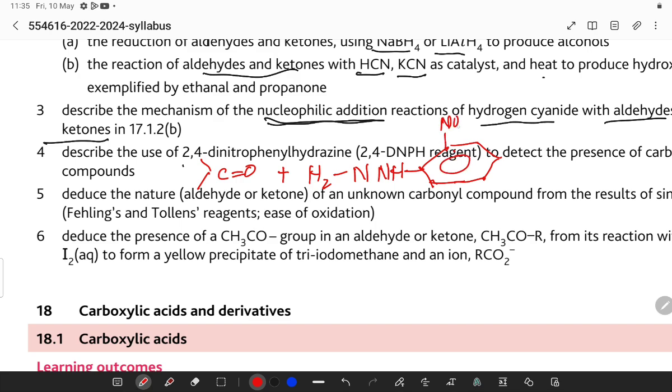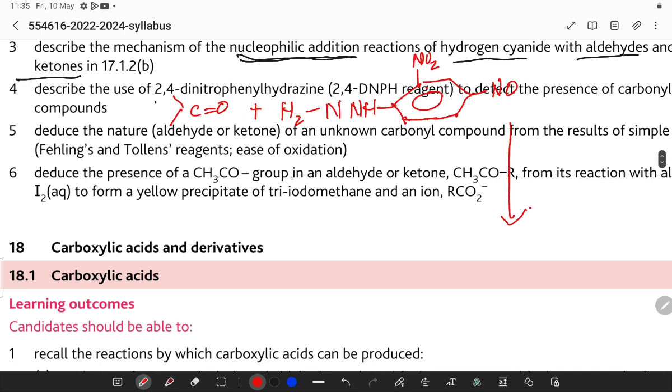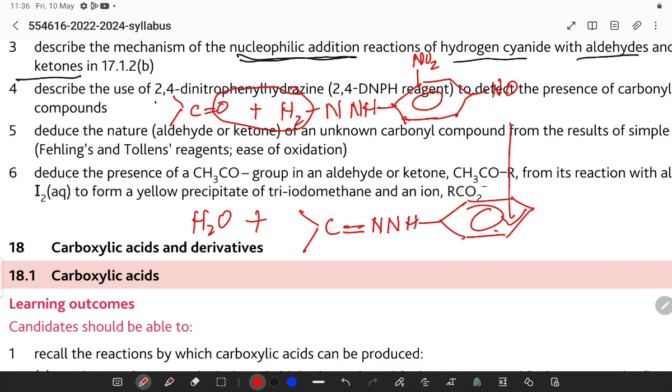Over here nitro group, over here nitro group. So this is formed like this. Water is formed, plus C directly bonded with NH. If orange precipitate is formed, then a carbonyl compound is present.